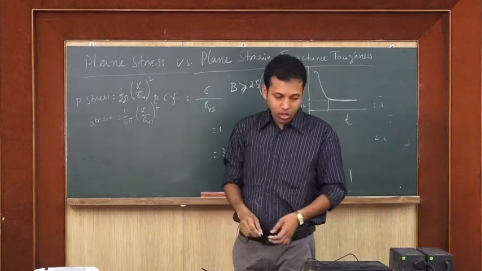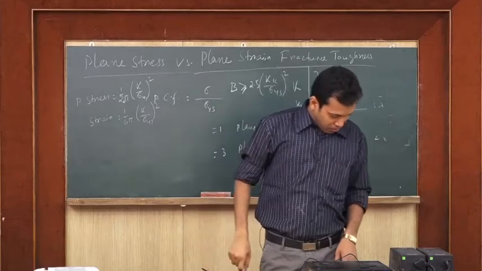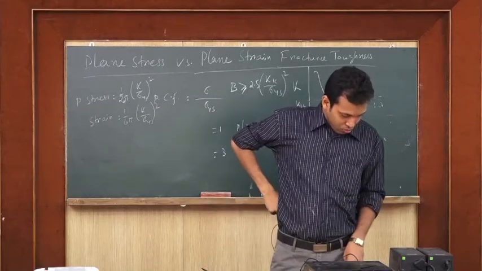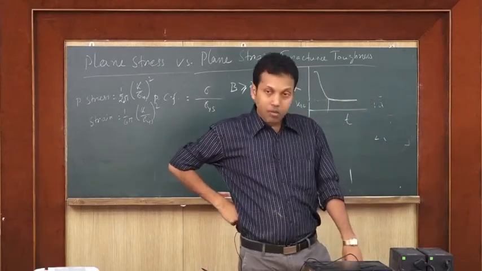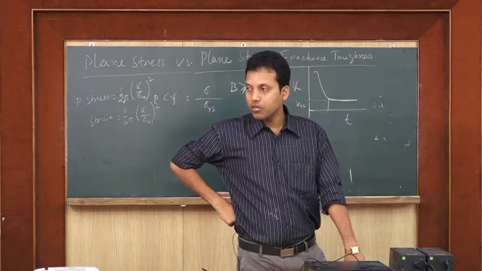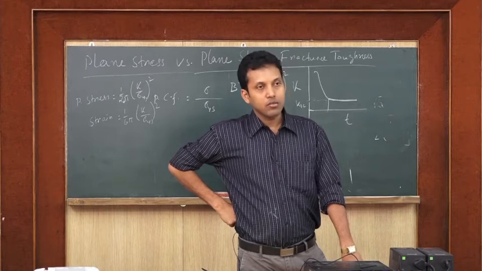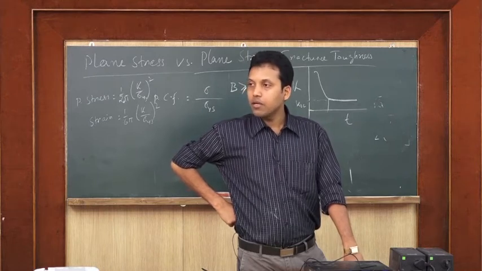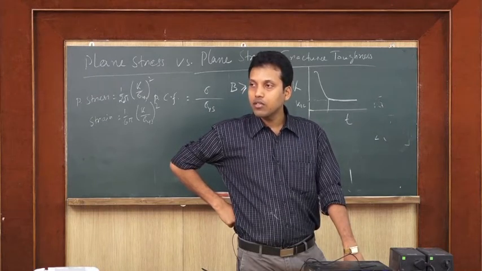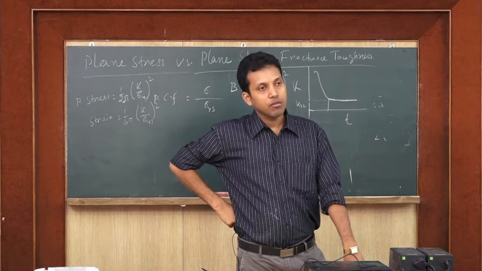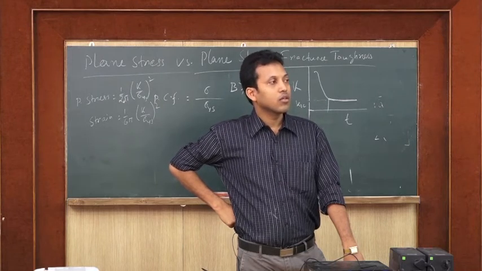That value of B should be greater than or equal to 2.5 (K1C by sigma ys) whole square. Okay. Specimen thickness for doing a valid plane strain fracture toughness test is 2.5 (K1C by sigma ys) whole square.